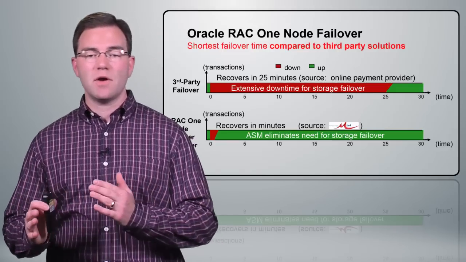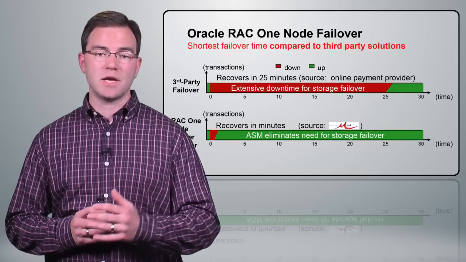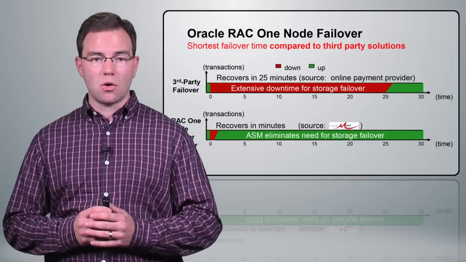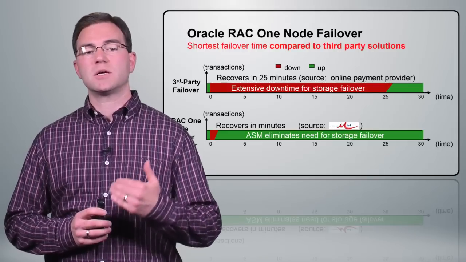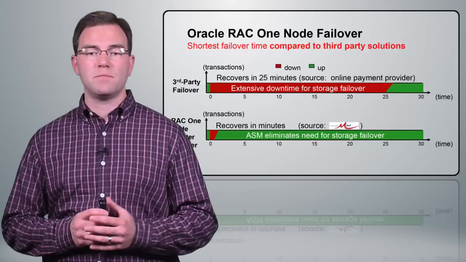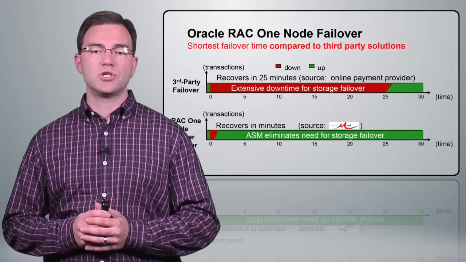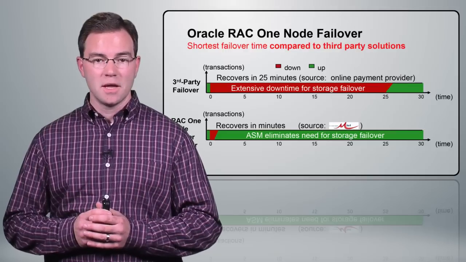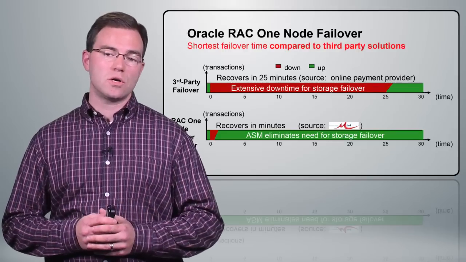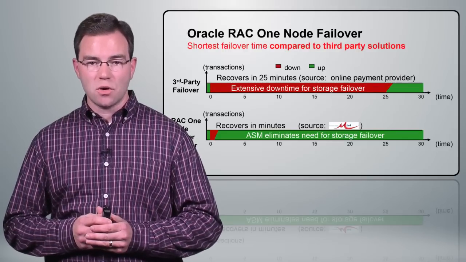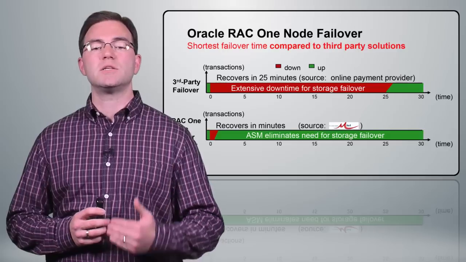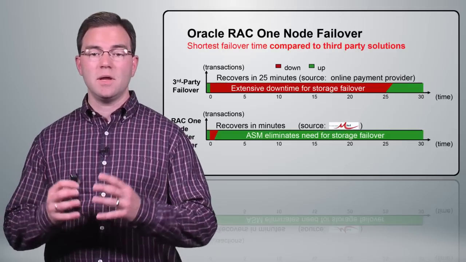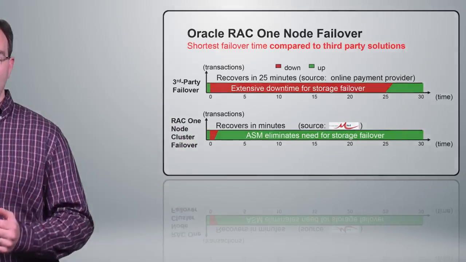Granted, the time may vary depending on your environment, the application use, and when the failure occurred, but as you can see also, Oracle RAC One Node provides a cluster failover in less than 5 minutes. And these are average numbers. We have seen many customers having these kinds of numbers. And this is because Oracle RAC One Node is integrated into the Oracle RAC stack and can utilize features such as Oracle ASM and Oracle Flex ASM in a very integrated and efficient way.